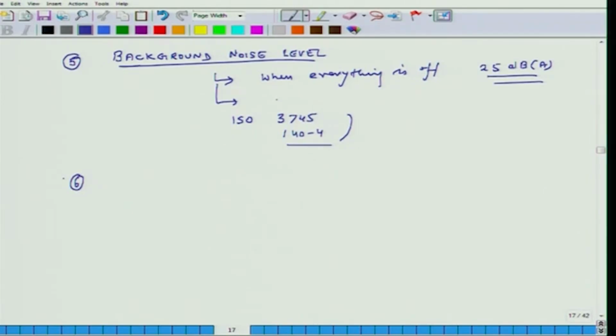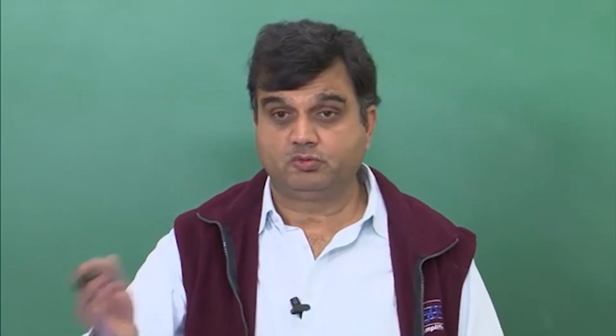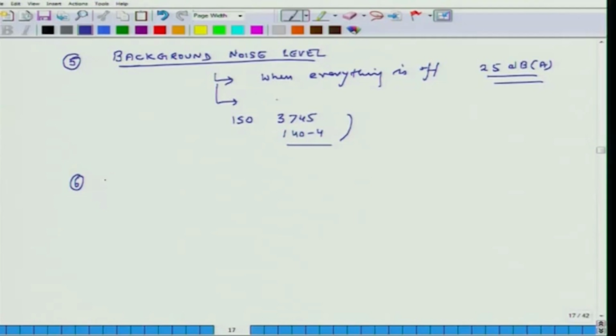Sixth parameter is, see, a lot of times everything is sealed in your anechoic chamber, but some noise, because you have a door, it will come through the door. The door opens and closes. So STC for door. What does this mean? It means sound transmission class for door.